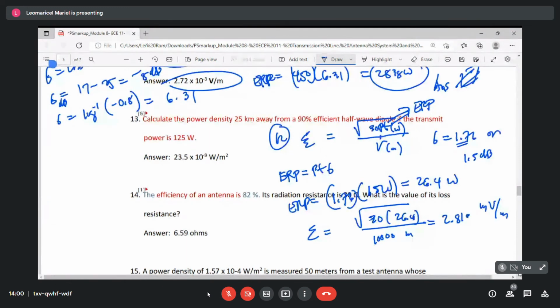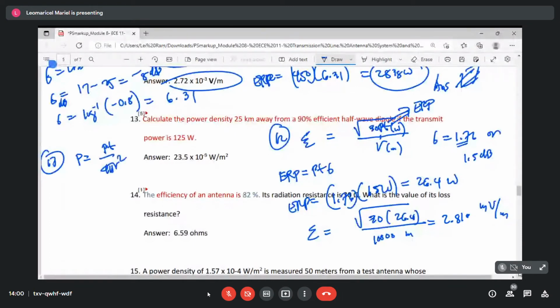Next. Number 13. So calculate the power density. Efficiency of half-wave dipole to silicon. Okay, ganun din. Yung power density mo naman, power density is equals to PT over 4 pi r square.